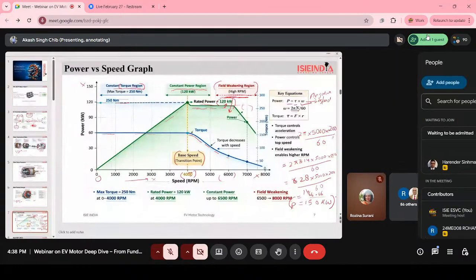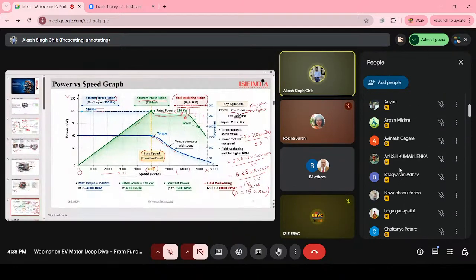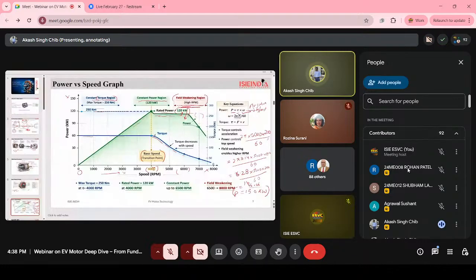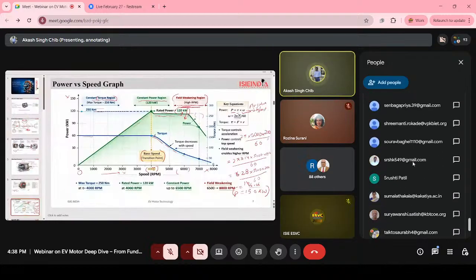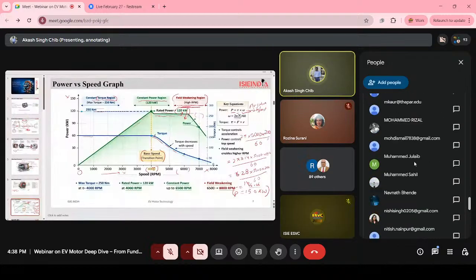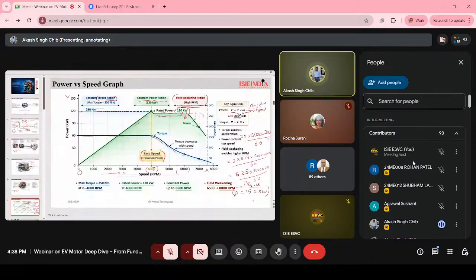But in EVs, from 0 RPM to the base speed, we are getting the same Newton meter of torque, because the current remains constant in the motors. But as you have seen in the engine, the torque gradually increases. This is the main reason we are getting full torque at 0 RPM, 200 Newton meter of torque.